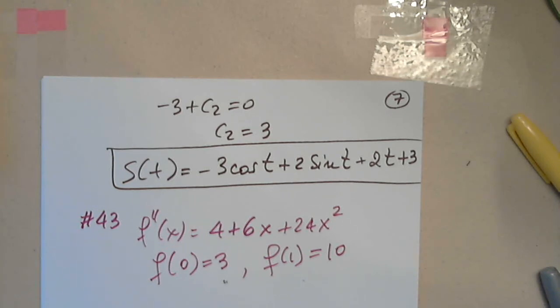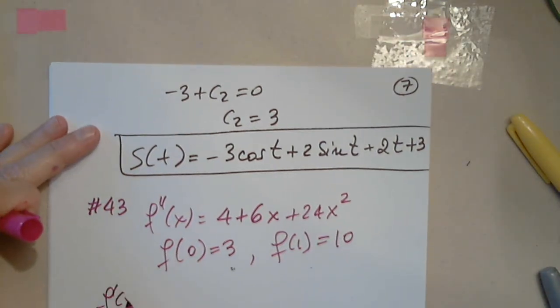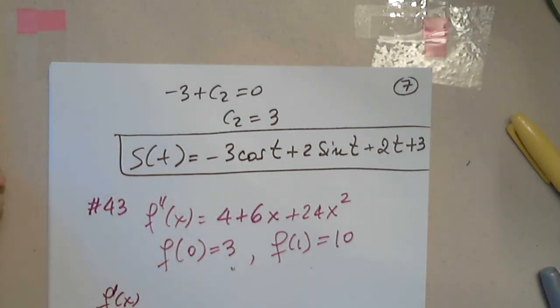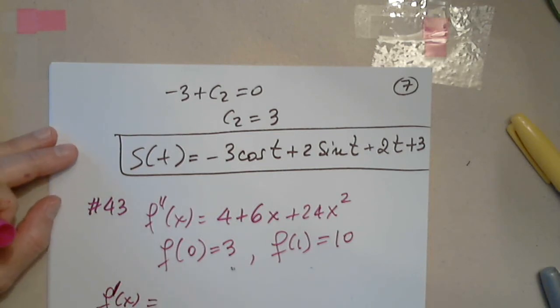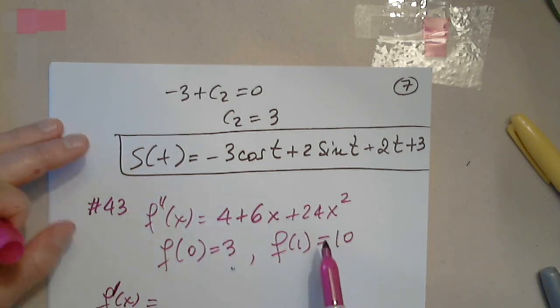I'm given the second derivative, so the notation, first of all, since it's the second derivative, I have to write f prime. When I'm given the function, I have to write the uppercase. But here I have to write f prime. I'm going to start in the correct order.